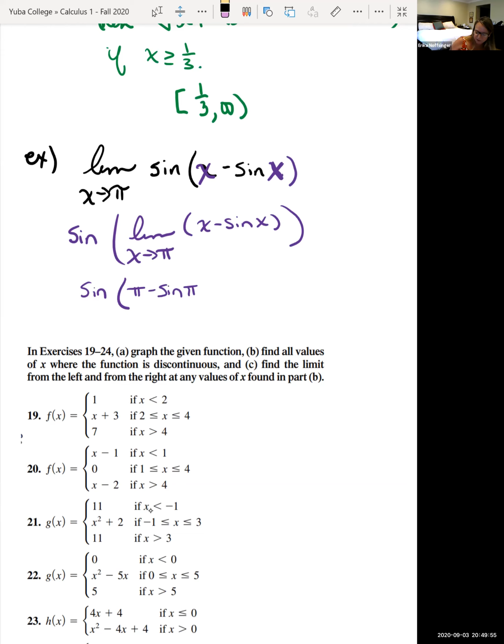Let's simplify inside that parentheses, and let's remember what sine of pi is. If I think of my unit circle for a second, I know sine is my y value, pi is over here, and the y value on the negative x-axis is 0. So sine of pi is 0.